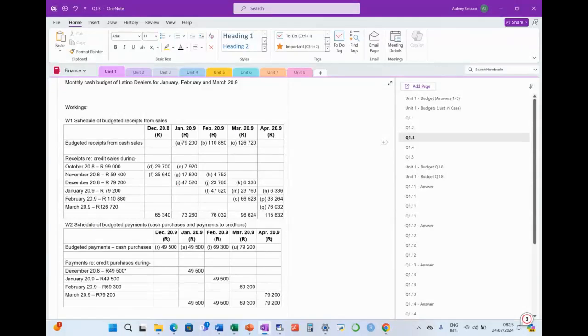Reading through the question, it says the budgeted transactions of Latino dealers for the first quarter of 2009 are as follows. Budgeted total sales amount to 633,600. So that's the budgeted total for the quarter.